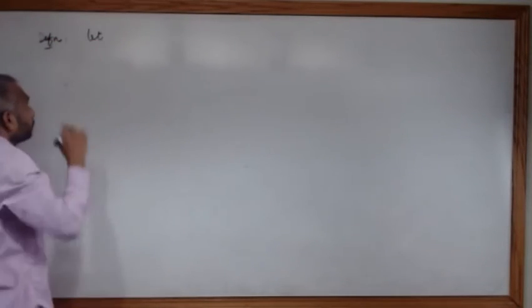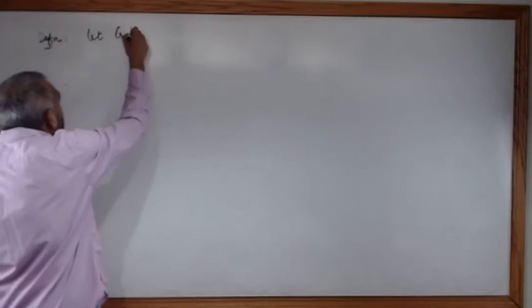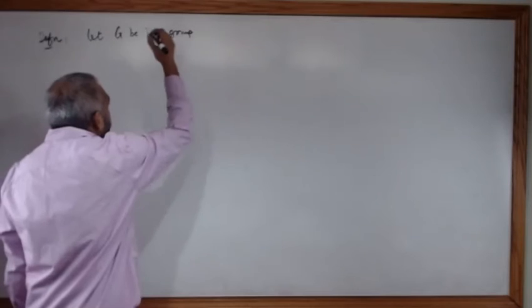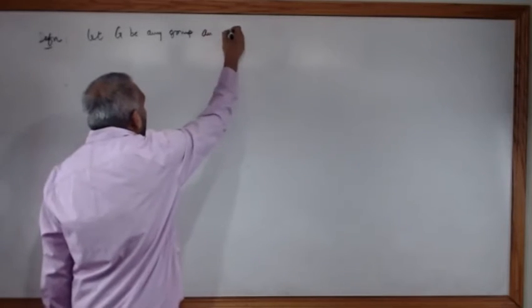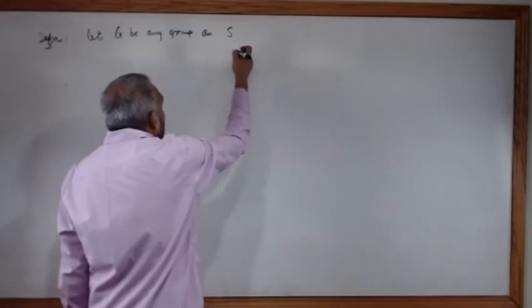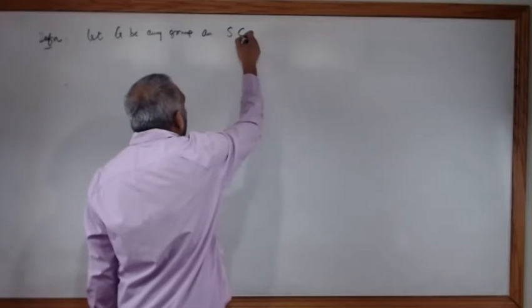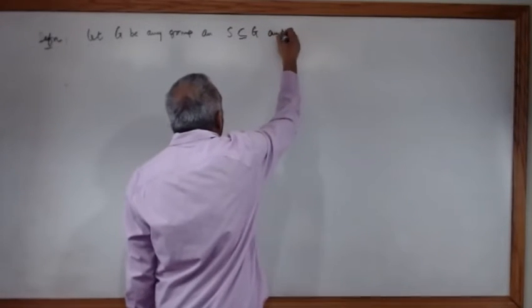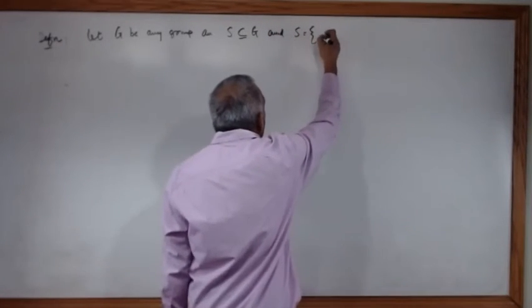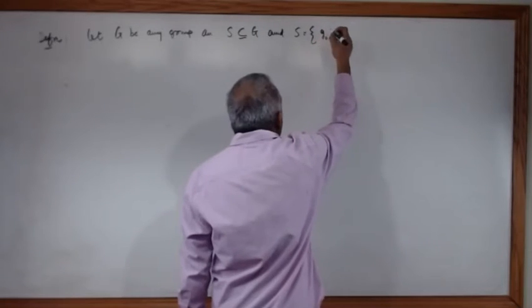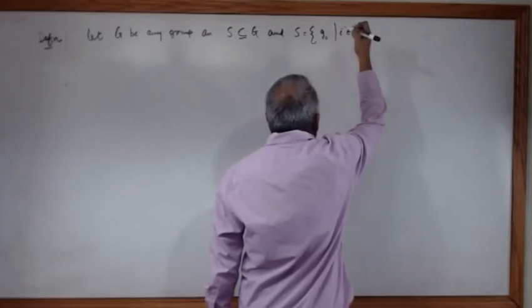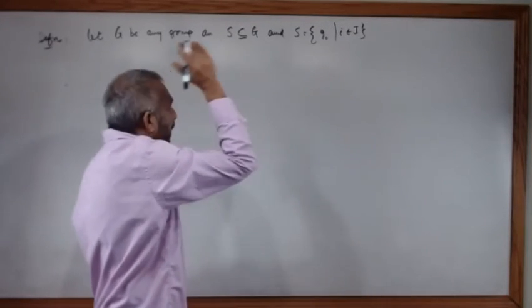Let G be any group and S is a subset of G. And let us assume that S is equal to g_i for some i belonging to some index set I. It could be infinite or finite.